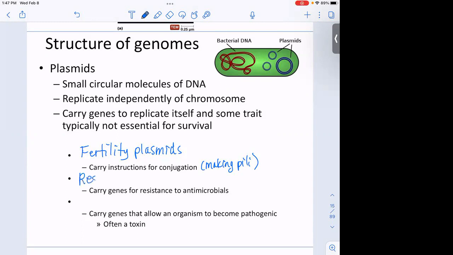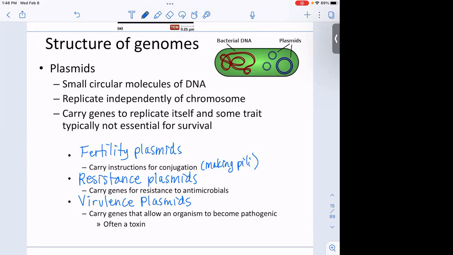Resistance plasmids may carry some gene that will enable the bacteria to survive in the presence of some antibiotic. And then there are others, but one other I want to mention is virulence plasmids. We're going to talk much more about virulence when we look at the process of infection, maybe a few weeks from now.